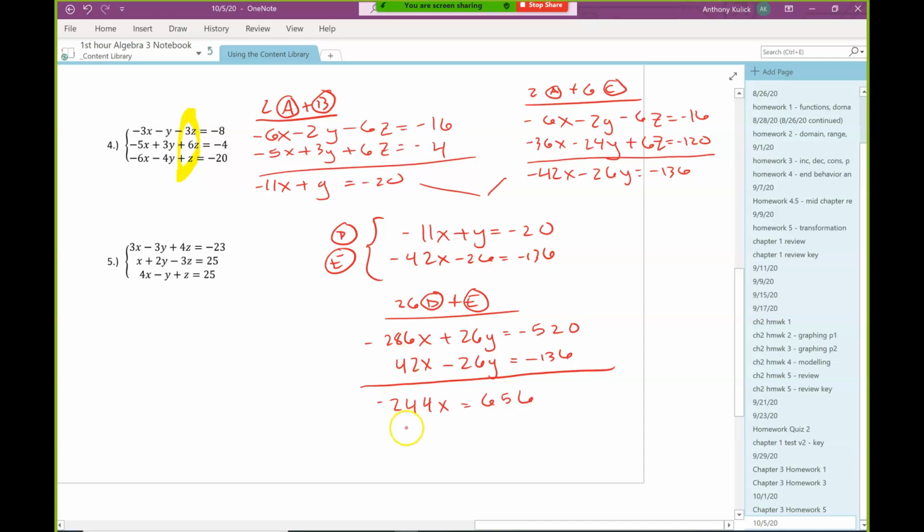Six times 11. Oops, negative. What happened here?